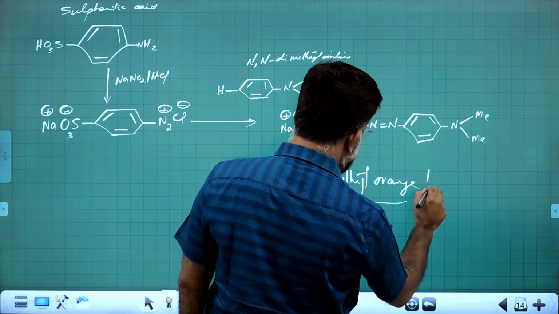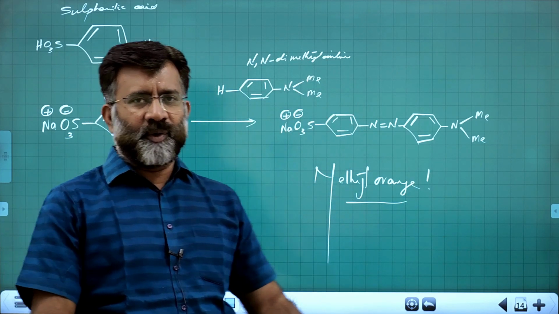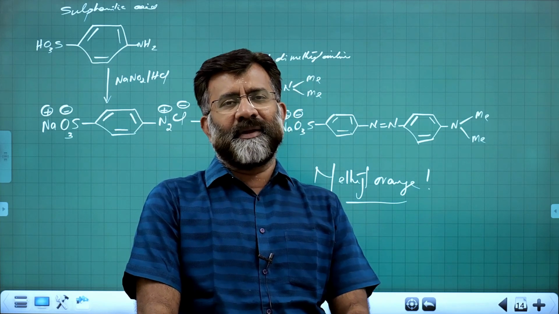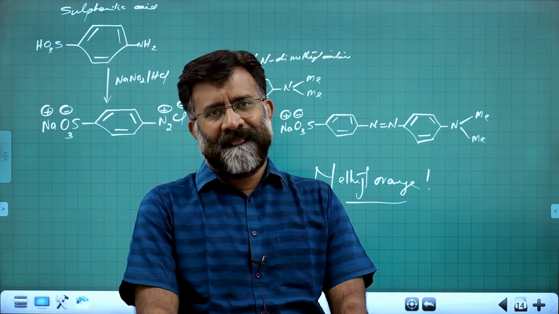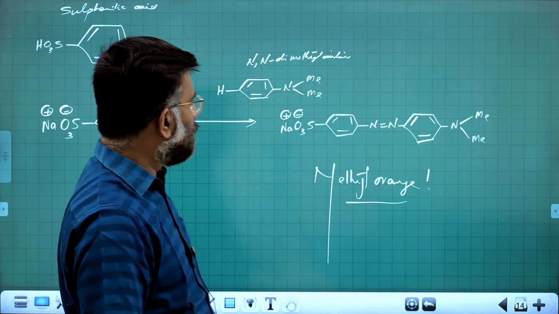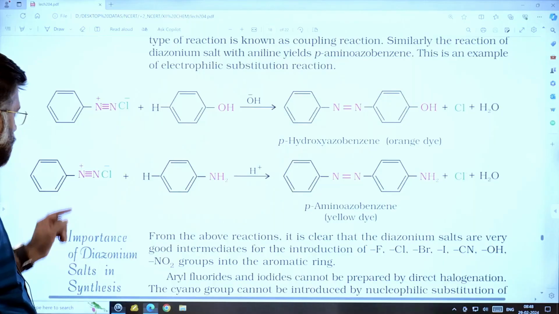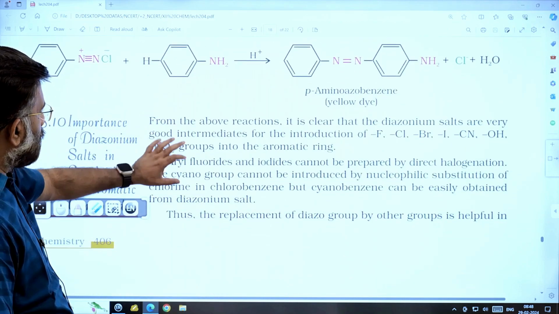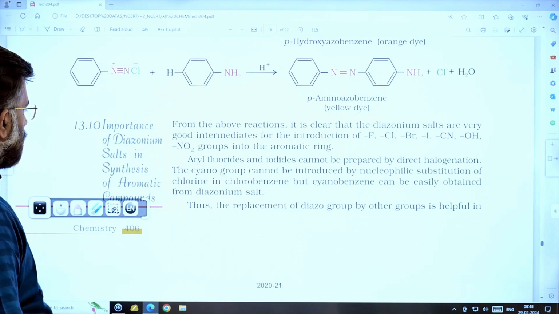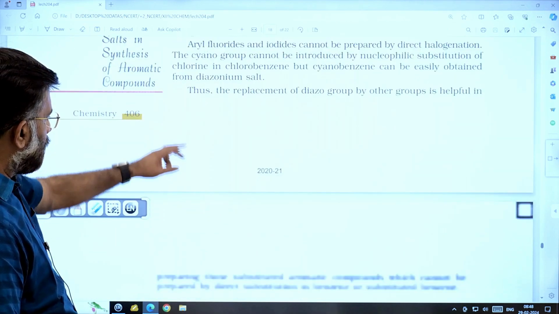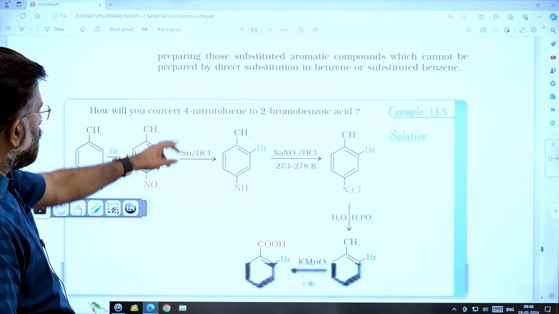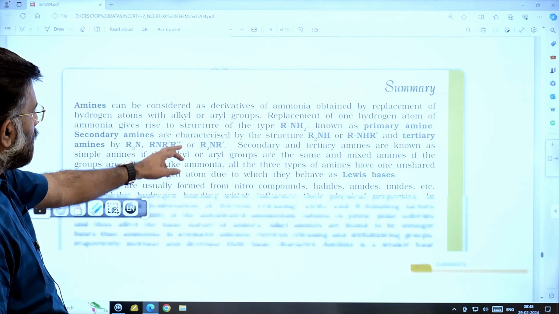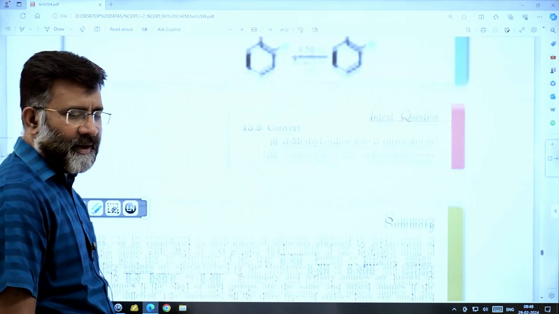Methyl orange is an azo dye obtained by a coupling reaction like this, right? And there we come to an end of the chapter amines.